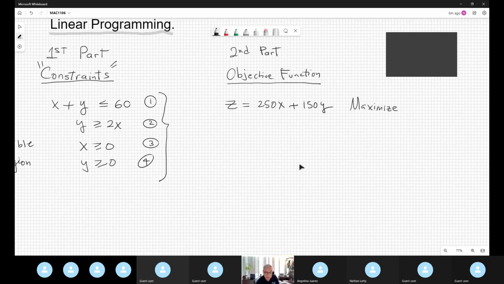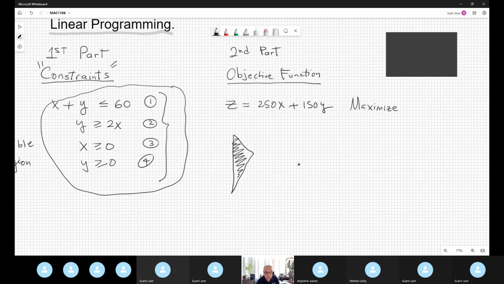This is the triangle, my feasible region. I obtain it from the solution of this system. I determine that one corner is 20,40, that corner is 0,60, and that corner is 0,0.